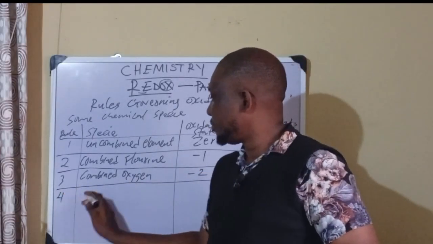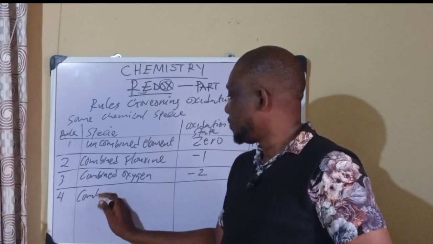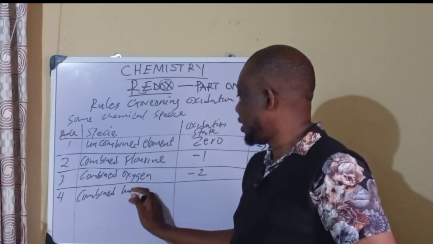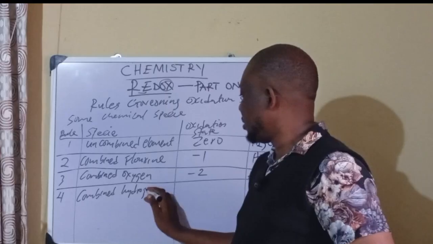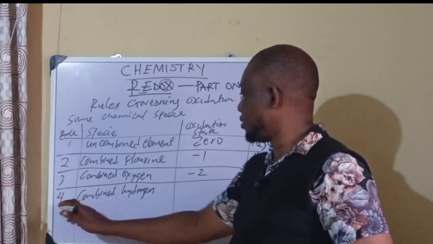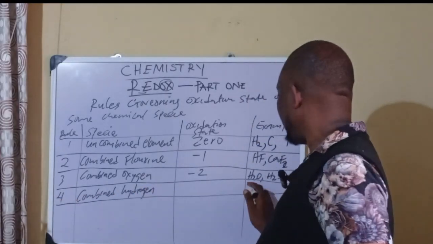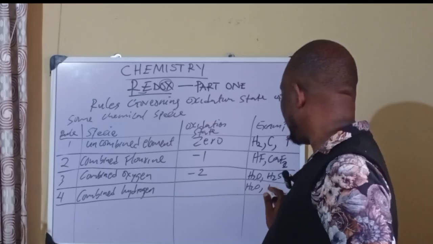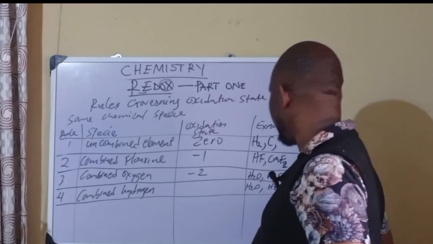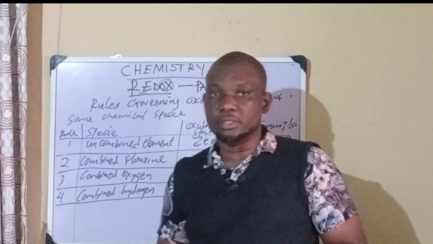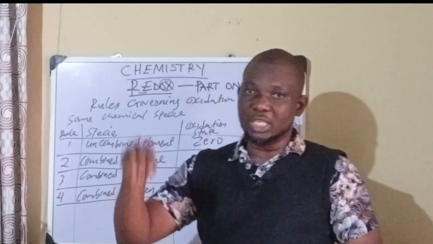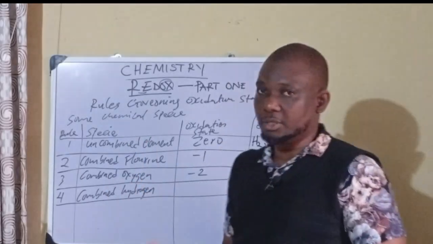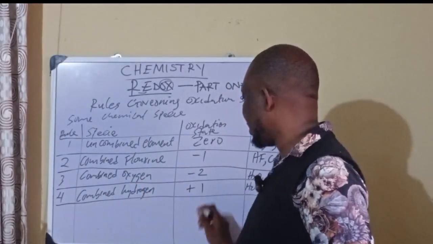So for rule number 4, you have combined hydrogen. Like if you see hydrogen in the case of acids, any compound of hydrogen, the oxidation number of hydrogen in any of its combined states or compounds is +1.